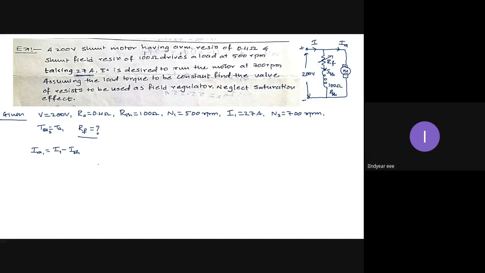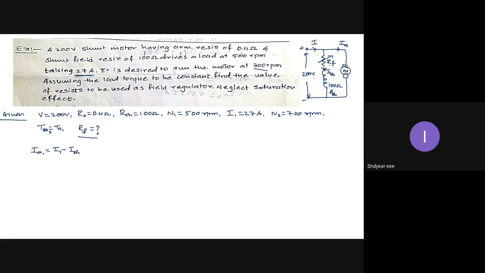Now what is ISH? In the first case, there is no field regulator added in the circuit. The field regulator is added in the second case so that the speed has increased to 700 RPM.